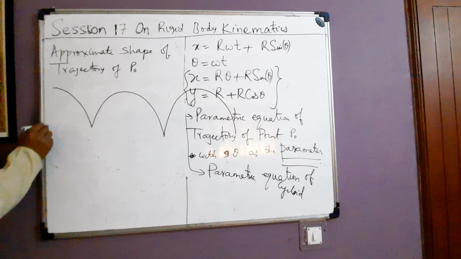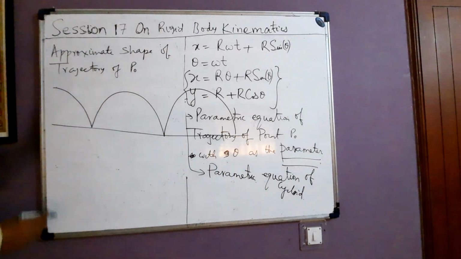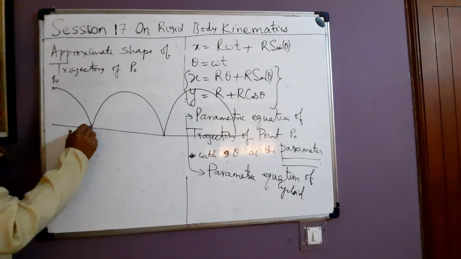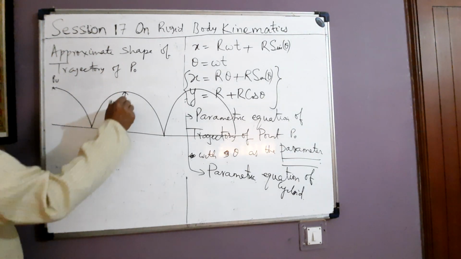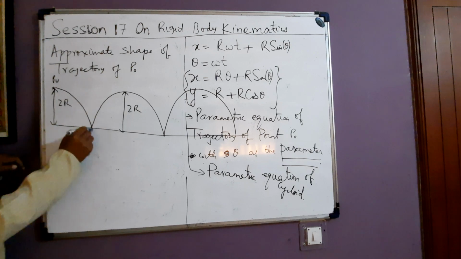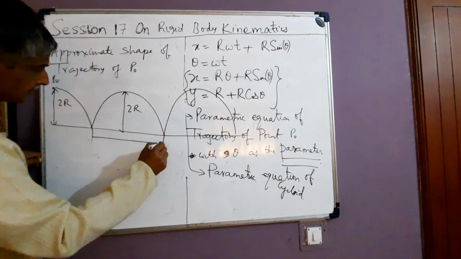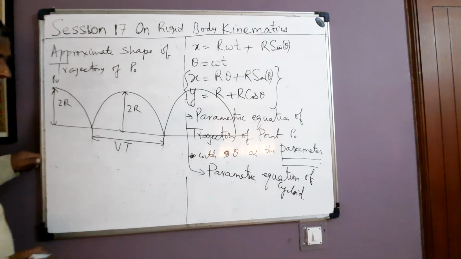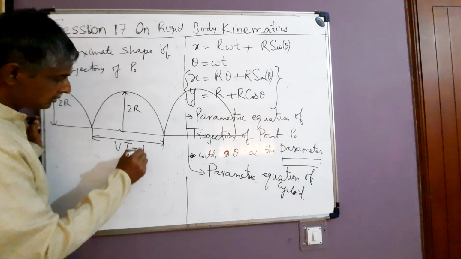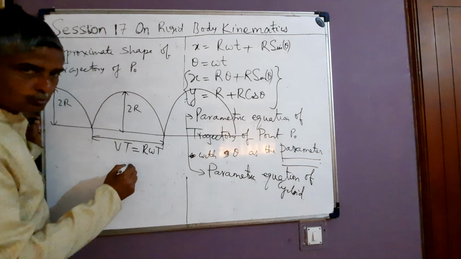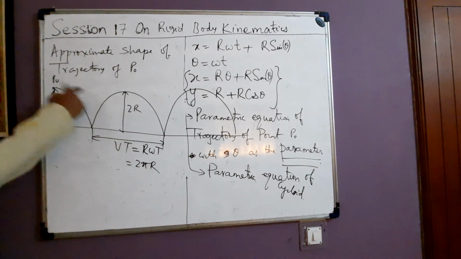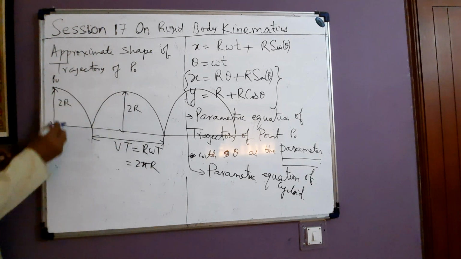And so on, like this. Initially P naught was here. This distance will be maximum height 2r. This is also 2r. And this distance will be equal to Vt, distance moved by center in one time period. Vt is nothing but V is r omega, omega t is 2 pi. This is the cycloidal path.